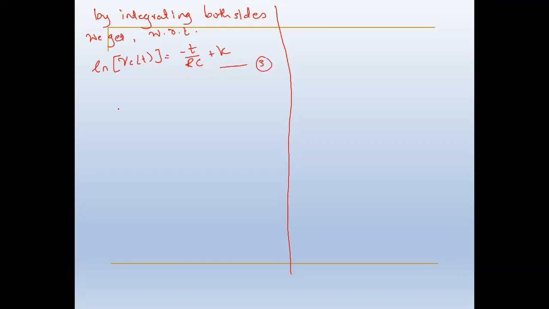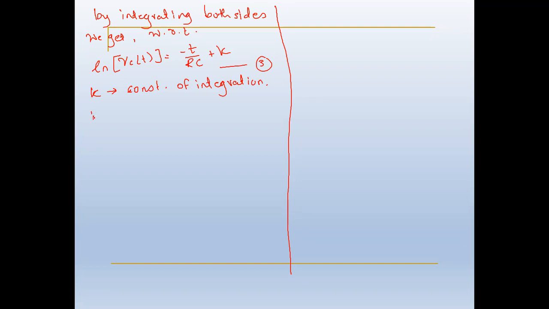So here, k is the constant of integration, and to identify its value, it is calculated using the initial conditions. So let us calculate the value of k.